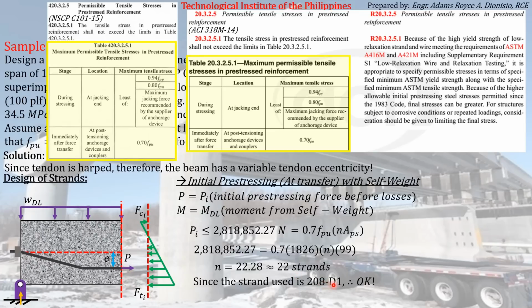And then the D here stands for depress, or depression, number of depression. So we have used the dash D1 strand pattern instead of the dash S. The dash S strand pattern, if you will try to look back on the previous slides, pertains to strand patterns that have straight tendons.